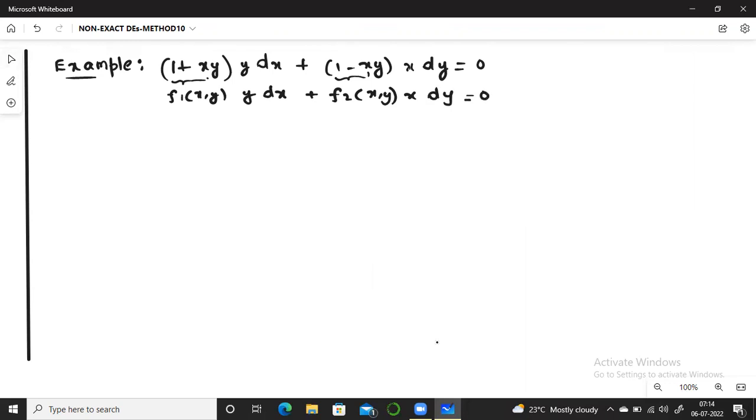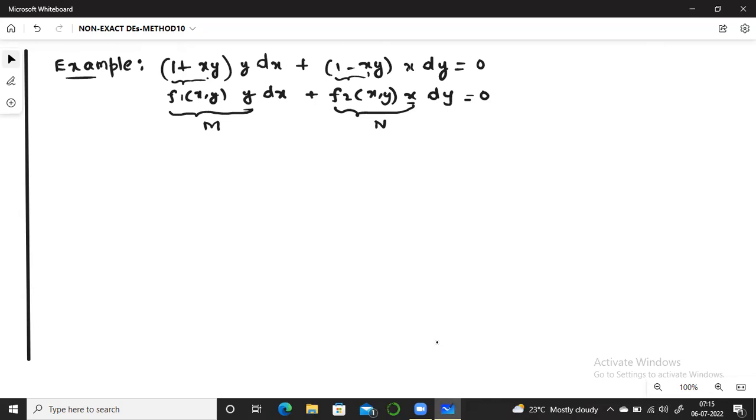Now I told you one more thing. You have to treat this whole thing as M dx plus this whole thing as N. Here only the confusion comes: when you are taking it as M, please include this y also. When you are taking N, please include this x also. These x and y are included in M and N. Otherwise, you will land with the wrong answer.